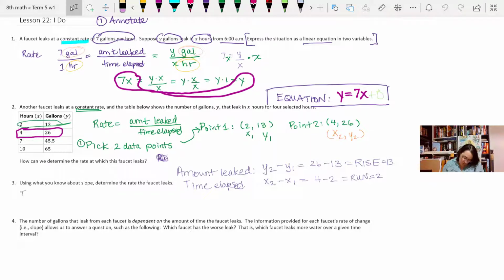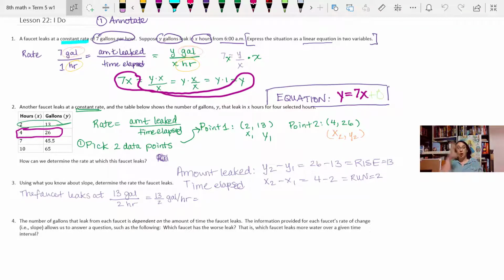So the faucet leaks 13 gallons per 2 hours, or if I convert, 13 halves gallons per hour, and 13 halves can be rewritten. Let's rewrite it as a mixed number.